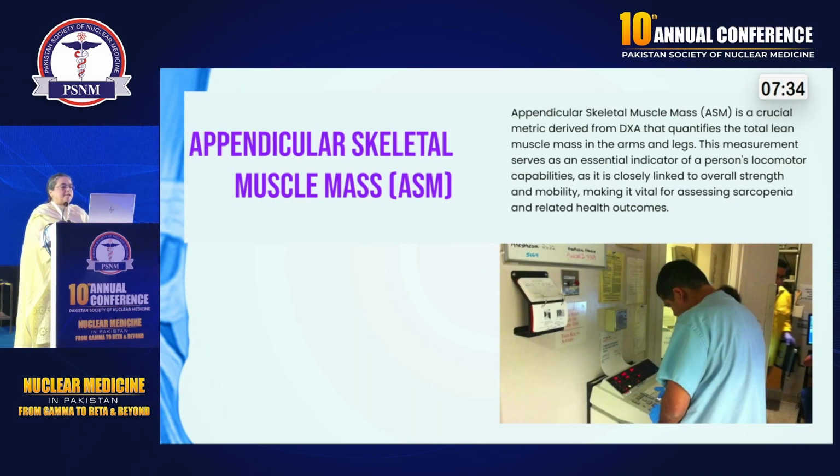What is the appendicular skeletal mass? It is the sum of the masses taken from the upper limbs and the lower limbs combined together. But it is not very well depicted because of the difference in the BMI. So they thought that only measuring the appendicular skeletal mass is not enough.